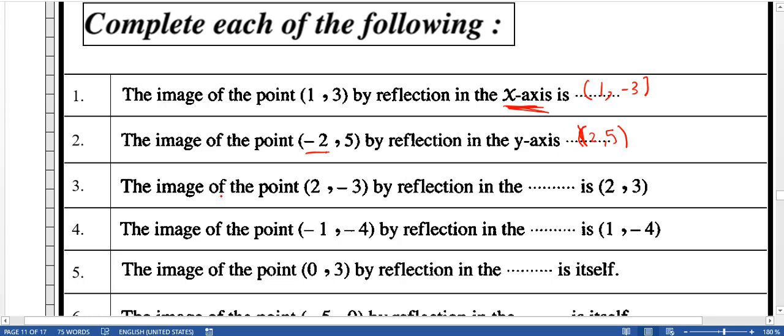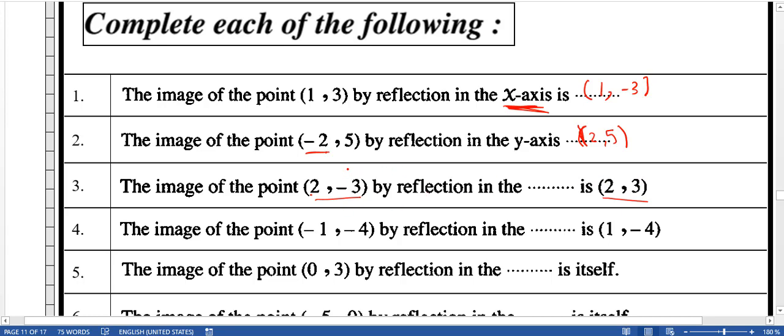The image of the point 2 and negative 3 by reflection in what is 2 and 3? This is the image and this is the point. What is the changed coordinate? If we look at this point, 2 didn't change. Negative 3, we changed the sign; here it is 3.